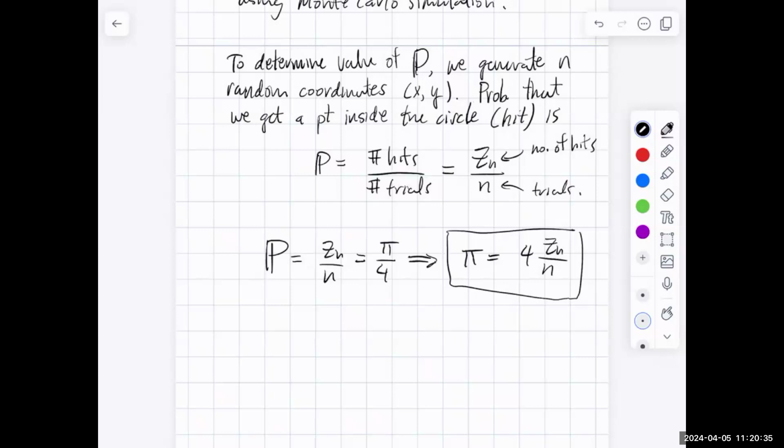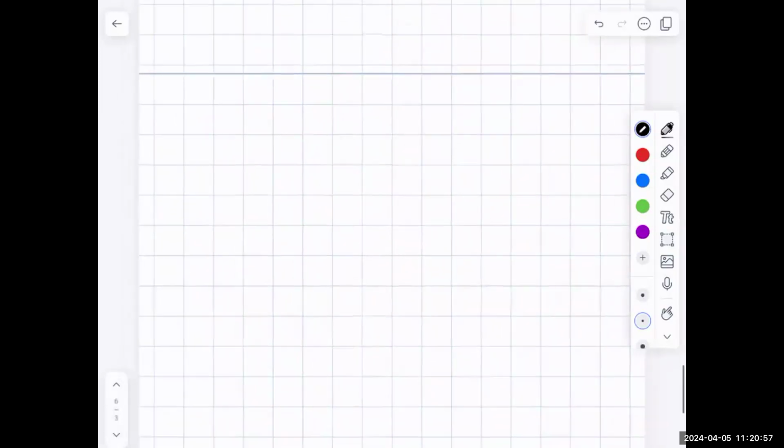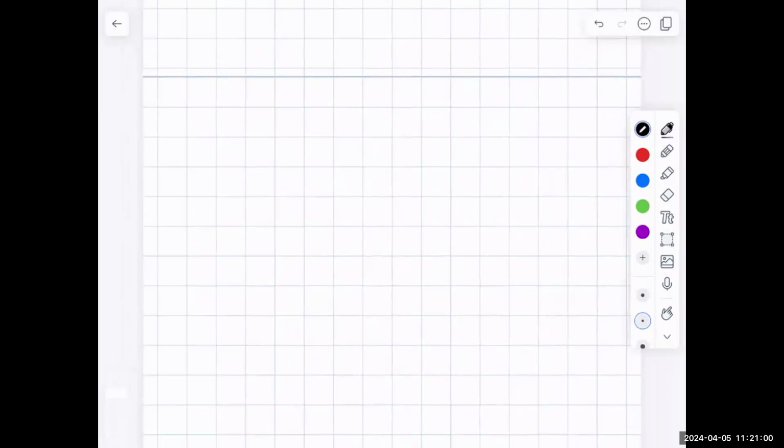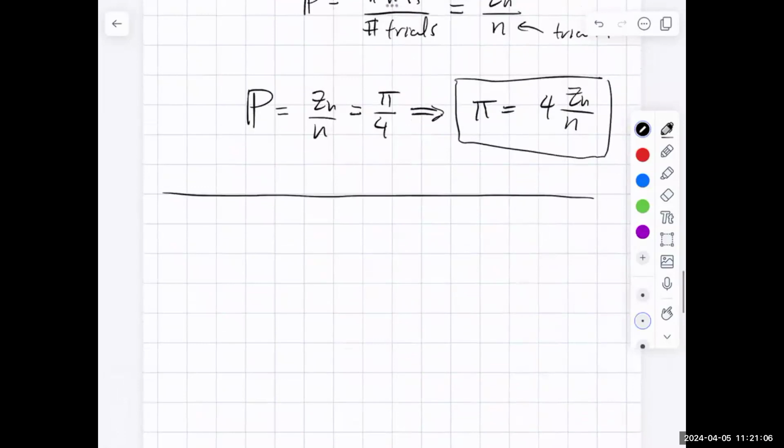The vast majority of integrals are either really hard to solve or just don't have analytical solutions at all. And so then you have to rely on numerical methods, and this is one of those methods that we can develop. Then I'll show you an example of actually doing a numerical integration. Here, I'll start writing. So let's do hit and miss Monte Carlo integration.